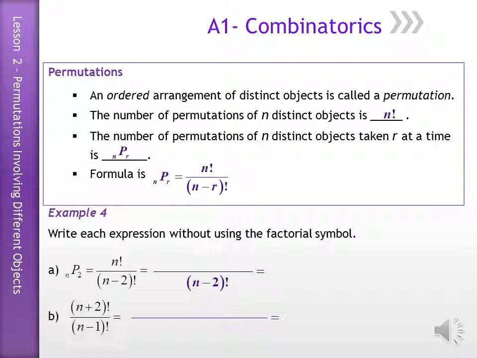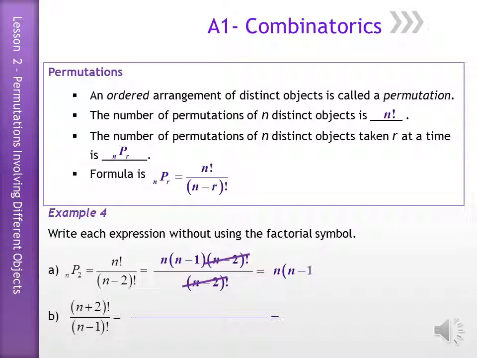So, n times n minus 1 times n minus 2, stop. This is what we have on the bottom. We'll add the exclamation mark to remind us that we could continue down to 1 if we wanted to, but in this case we don't. Now, the n minus 2 factorials cancel each other out, and we are left with n times n minus 1. No factorial sign remains.